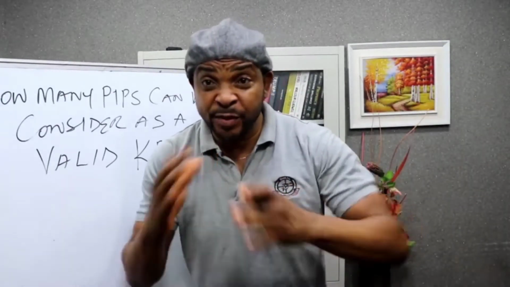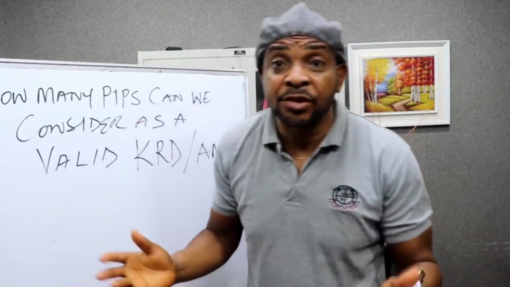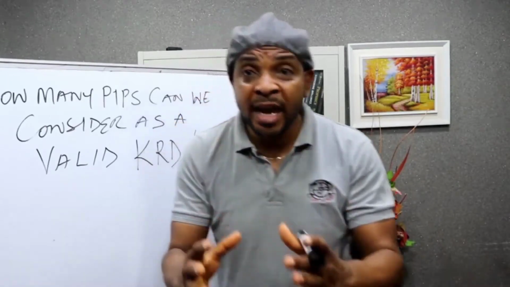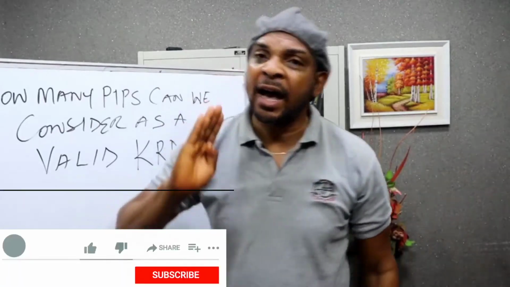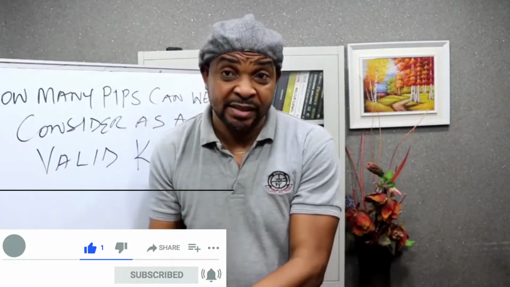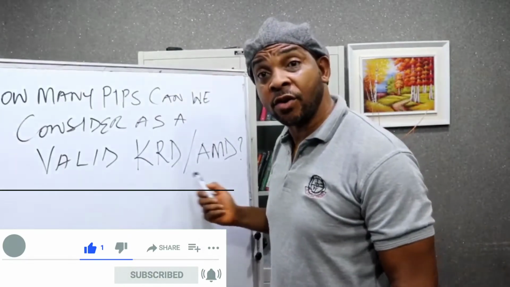This Forex business is dynamic. Do you get? Sometimes I can consider 50 pips. Sometimes I can consider 70 pips as a minimum movement that we establish KRD or AMD.